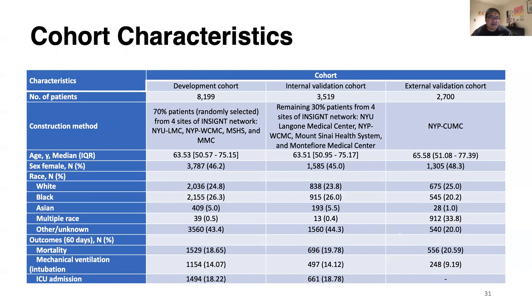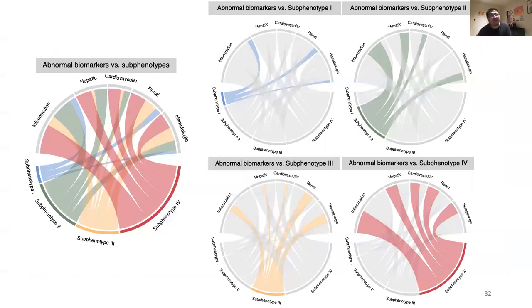And these are the distributions of those three cohorts, including demographics and outcomes. After the clustering, we detected four different subgroups, and we have done some statistical analysis to characterize the four subphenotypes.